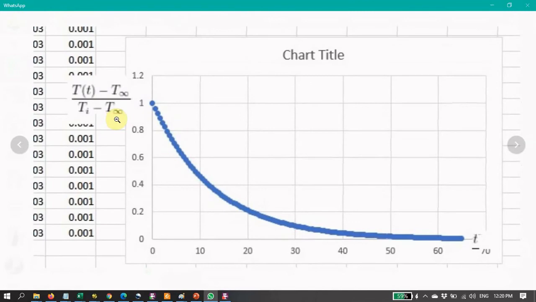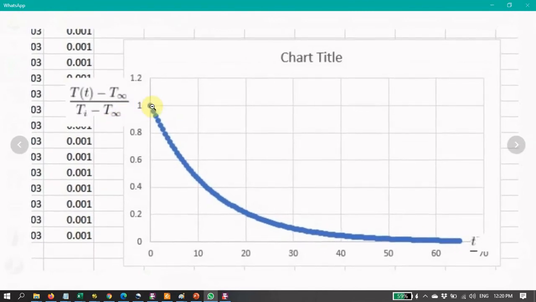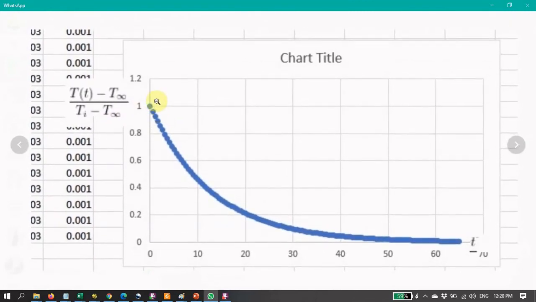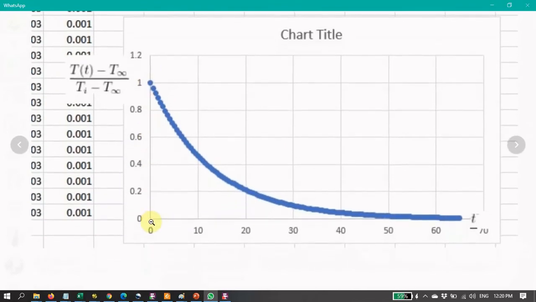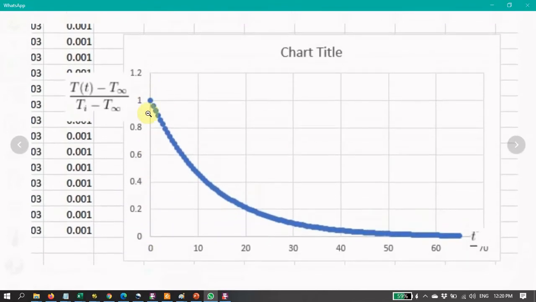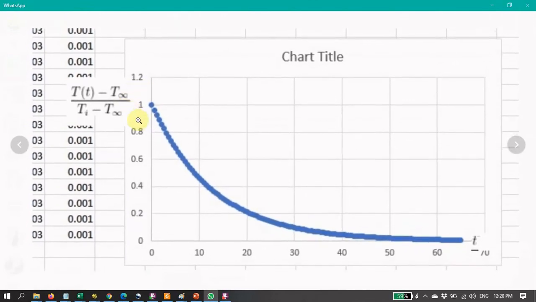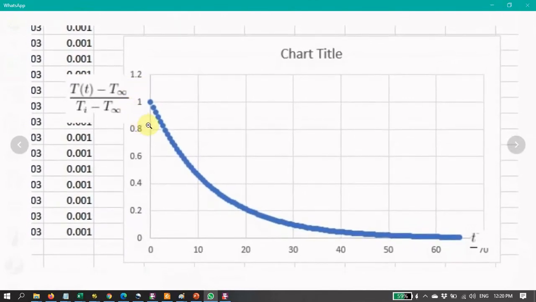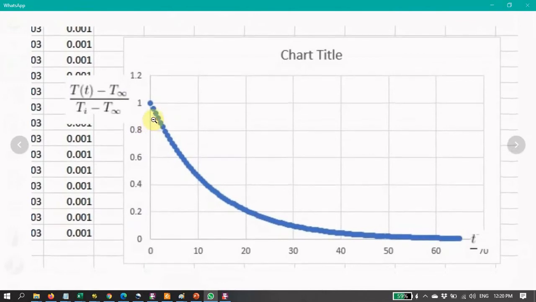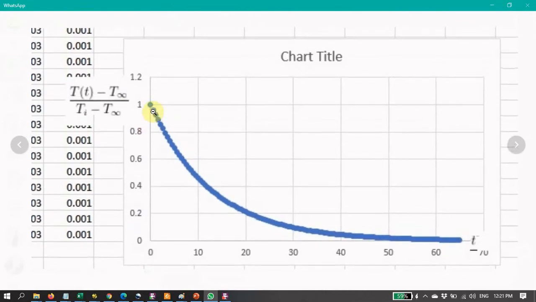So at the initial time equal to 0 seconds, we have the initial temperature minus T infinity, so that ratio gives you one value. At that time, the thermocouple reads 0% of the initial temperature difference.